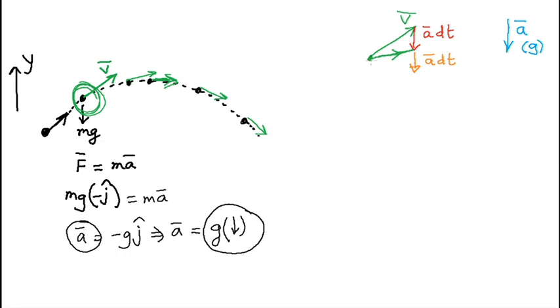So needless to say, my new velocity is something like this. And in the next time interval of, let's say, dt, my new change in velocity vector is once again a bar dt, and clearly my new velocity must be like that.